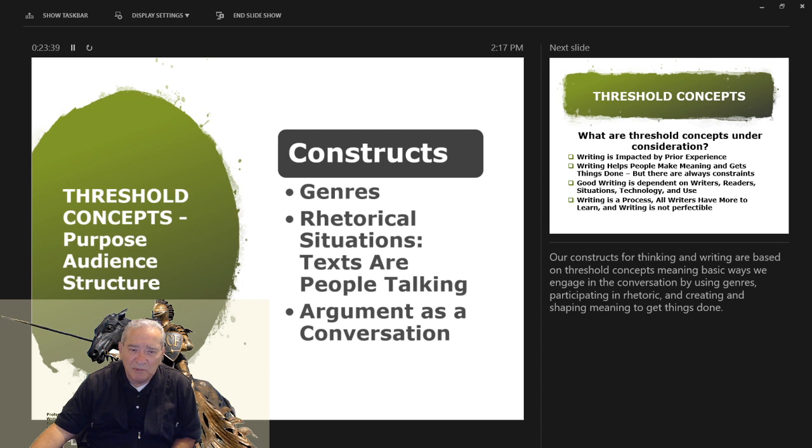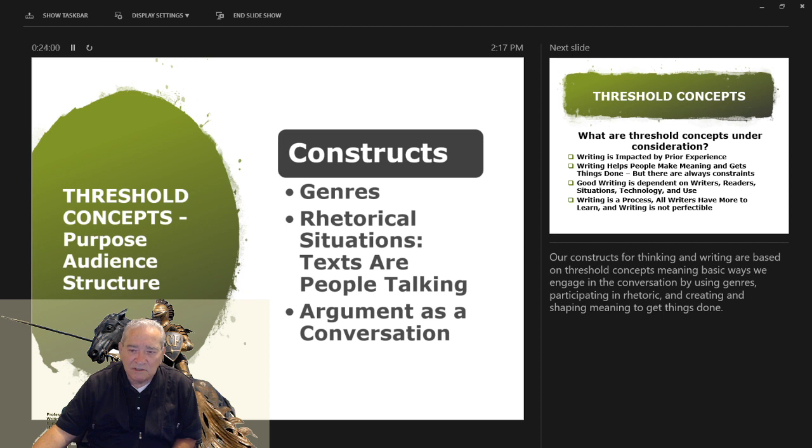Another concept that we'll be looking at, or these are some of the concepts we'll be looking at: genres, rhetorical situations, how texts talk about people, and we're going to deal quite a bit with that. We're also going to be talking about argument as a conversation.